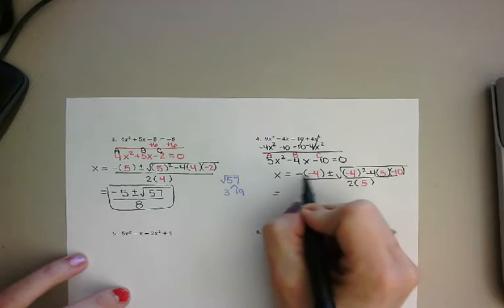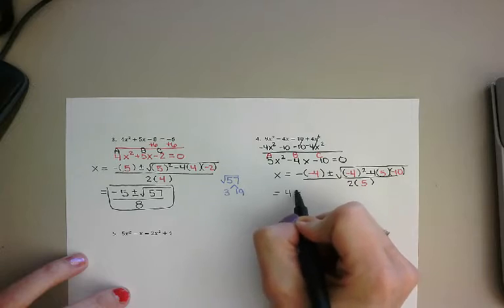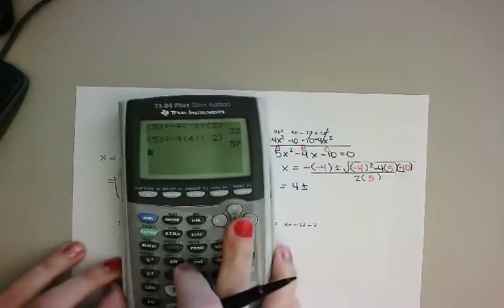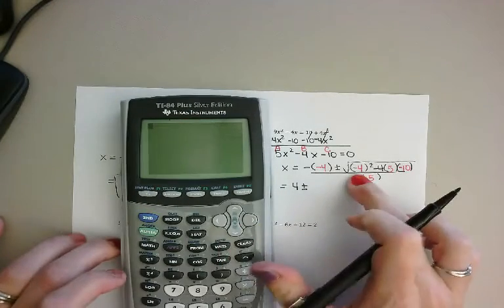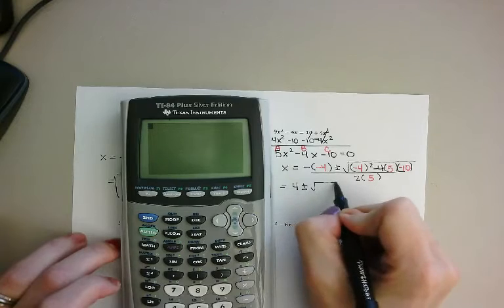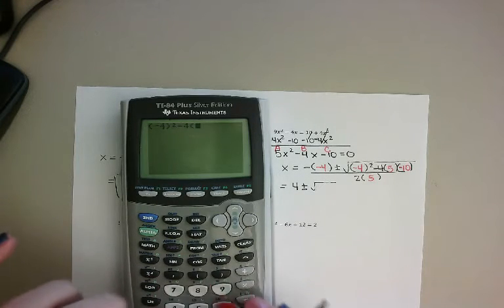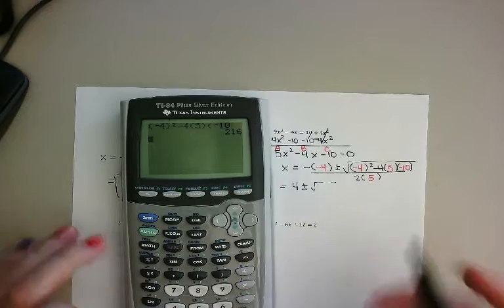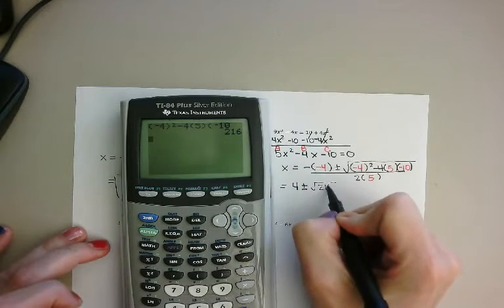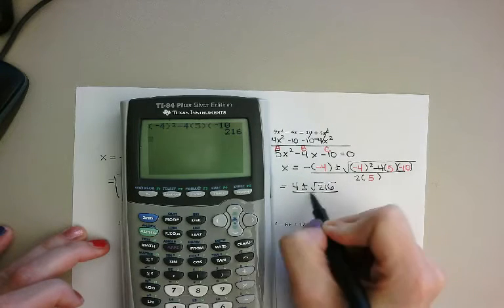Cleaning it up, double negative is a positive. Now I'm going to type in underneath my square root: negative 4 squared minus 4 times 5 times negative 10, so I get 216. And I'm going to divide that by 10.